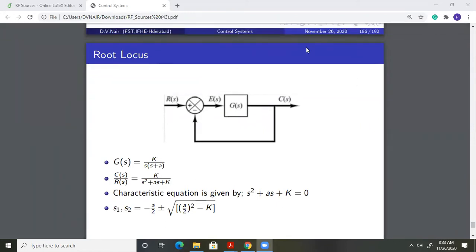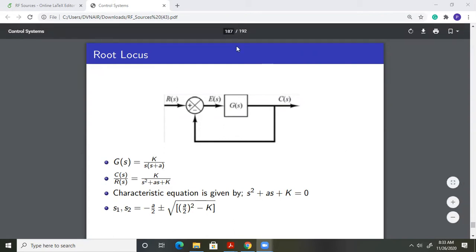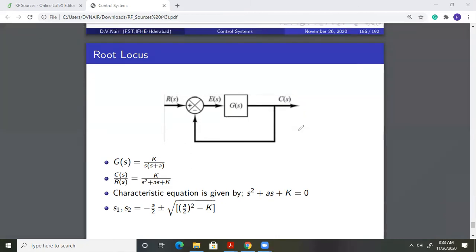The root locus technique allows us to obtain that locus for any higher order system, which otherwise would have been very difficult. So we first see a simple second order system. Later on, we start with the root locus techniques. Here, when we have a second order control system, what will be its characteristic equation?